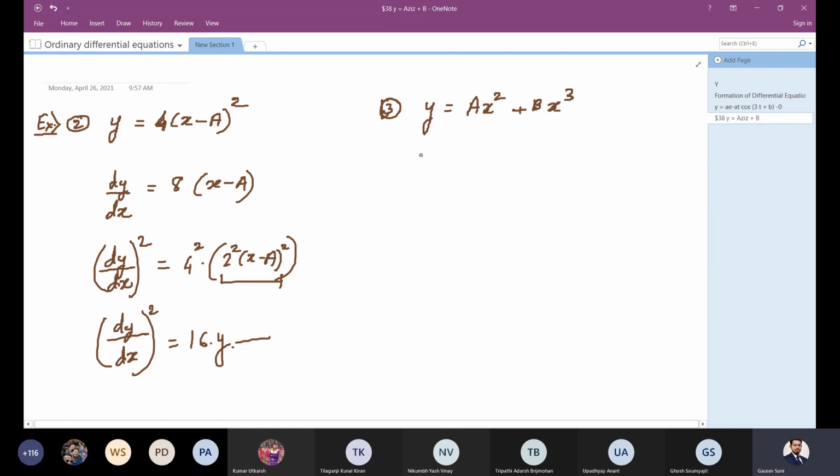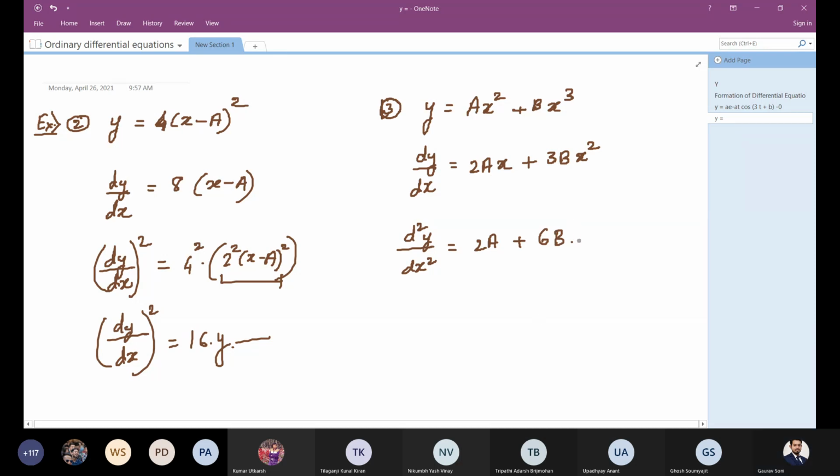So let's take the derivative. dy by dx is equal to 2ax plus 3bx square. d2y by dx square, that will be 2a plus 6b into x.